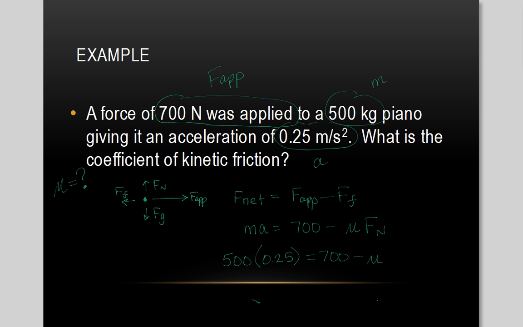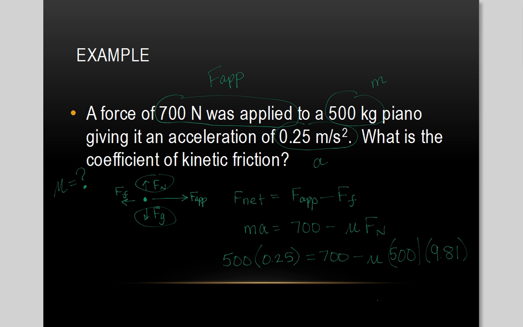What's Fn equal? Fn equals Fg. From the free body diagram, Fn is Fg. Fn is mg. 500 times 9.81. How do you solve this equation? It's just like you do them in grade 7. Just has a little bit more numbers.